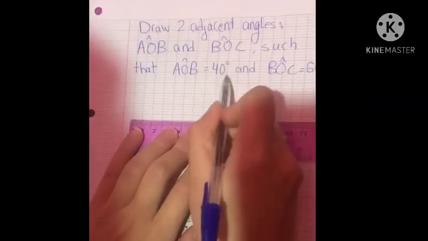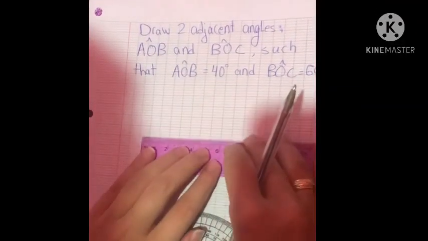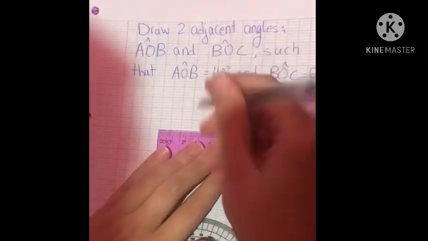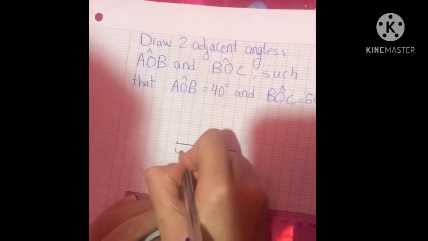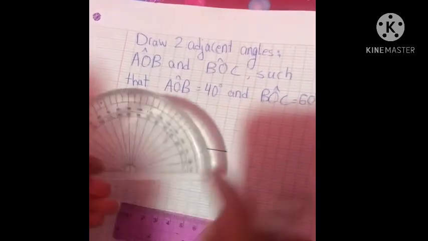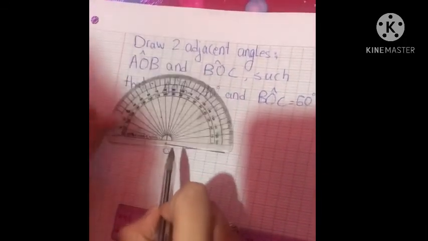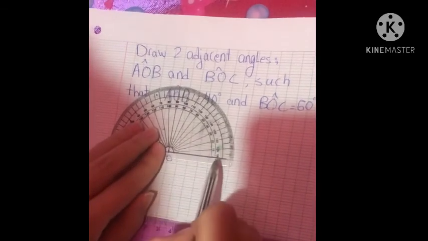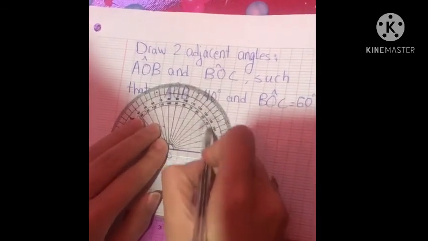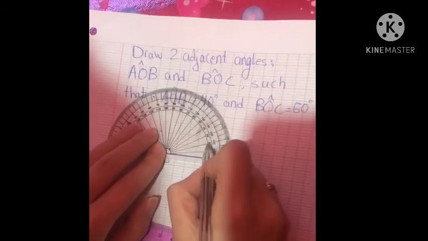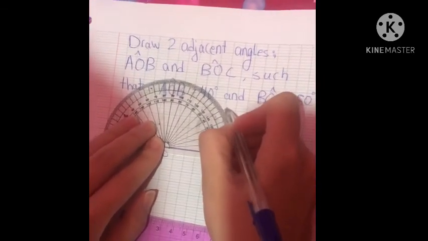We start with the first angle AOB. We draw the semiline of vertex O and we use the protractor, put the T shape on it and start from the 0 on the side and draw 40 degree. 10, 20, 30, it's 40 degree.